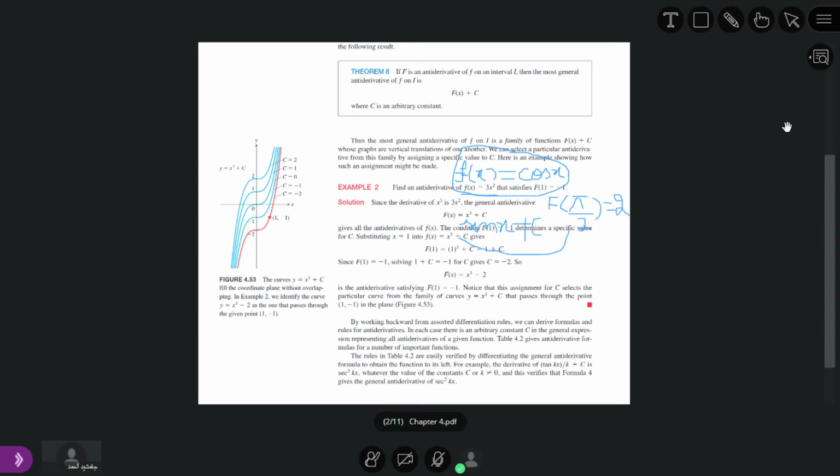So we will get sine of x plus 1. So this will be our answer. Okay, you got my point? Understand? Students, did you understand?